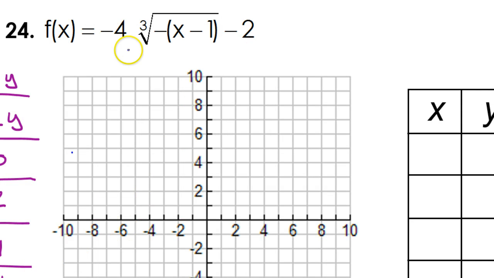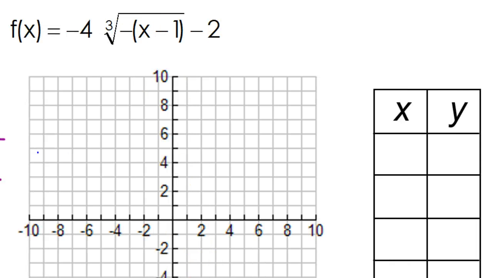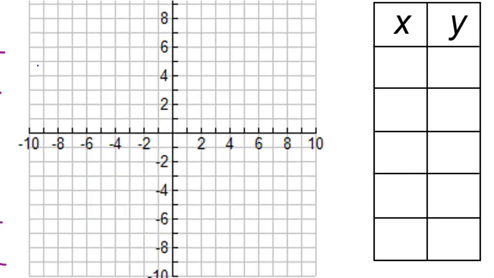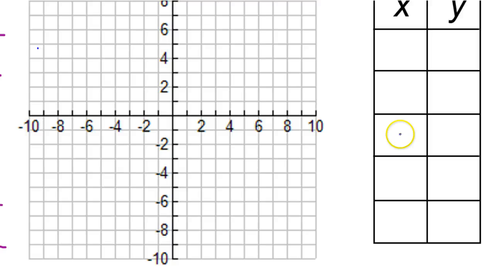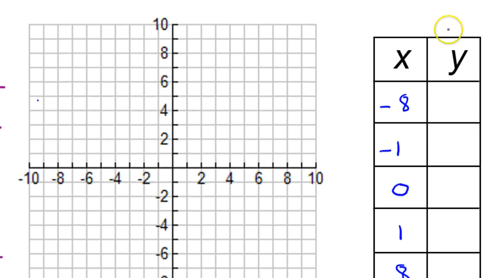Now, number 24 is a cube root problem. So we need to use x values that we can easily take the cube root of. For example, 0 and 1 and 8 and -1 and -8. These are perfect cubes, so I can easily do the cube root.